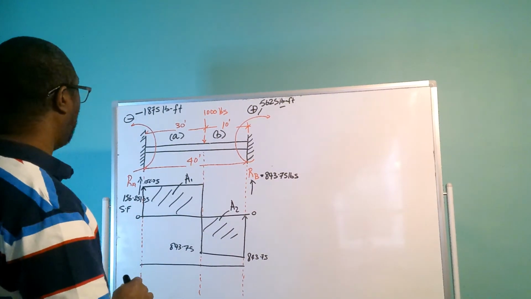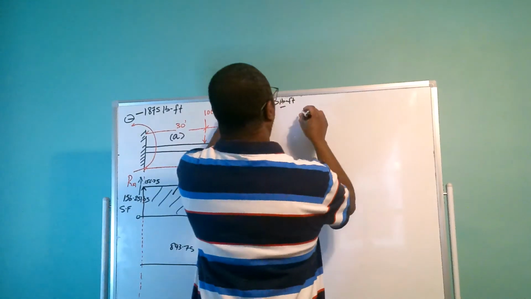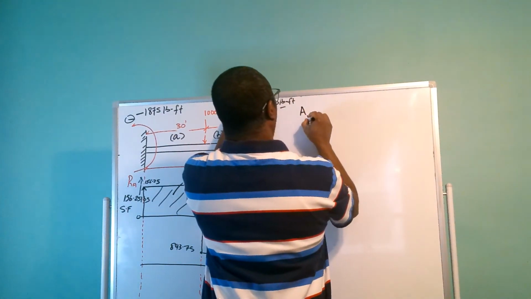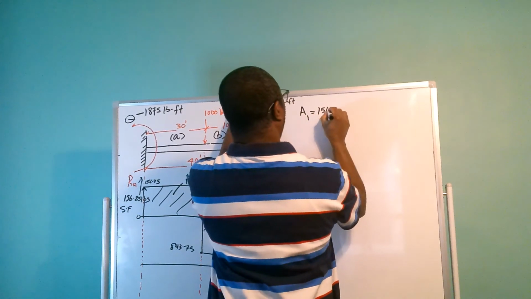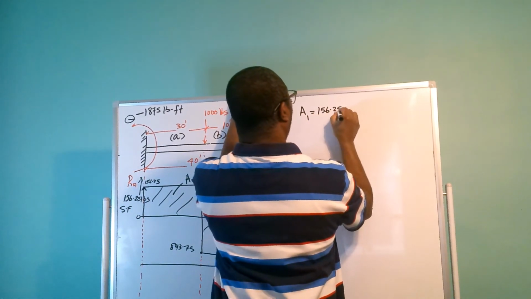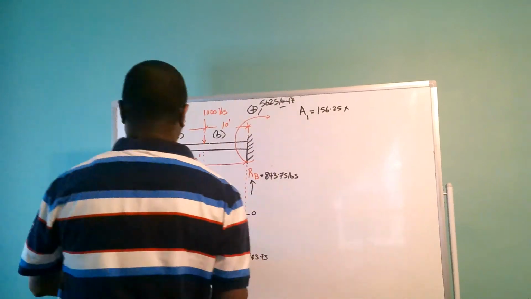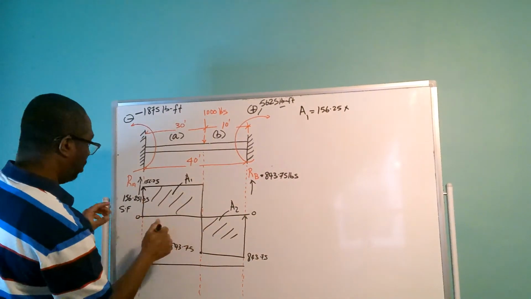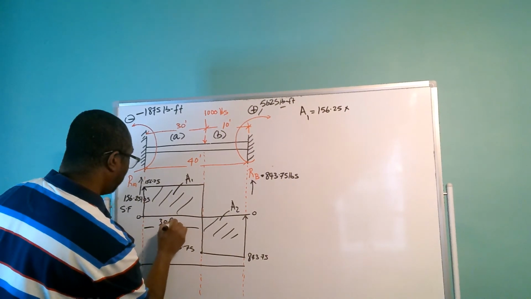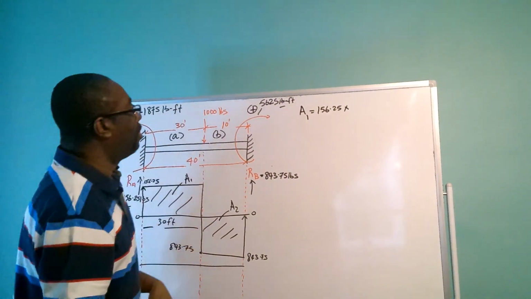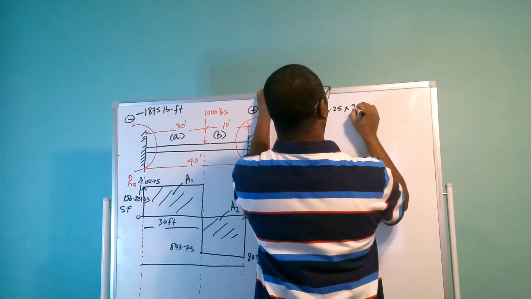So we have area 1, which is going to be 156.25 times this distance. So this distance is going to be 30 feet.